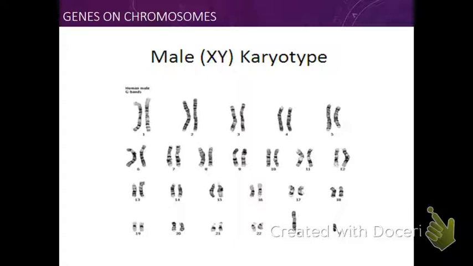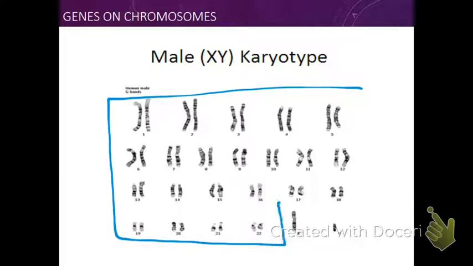So if we look on here, I've told you before that human chromosomes are arranged in order of size from the largest to the smallest, and then they put the sex chromosomes at the end. So chromosomes numbers 1 through 22 are considered autosomes.